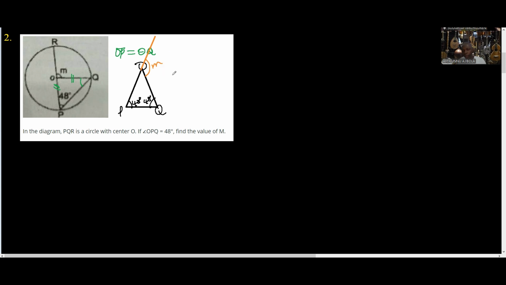Then you are able to say M equals 48 plus 48 because the reason is that the exterior angle equals the sum of the opposite interior angles.